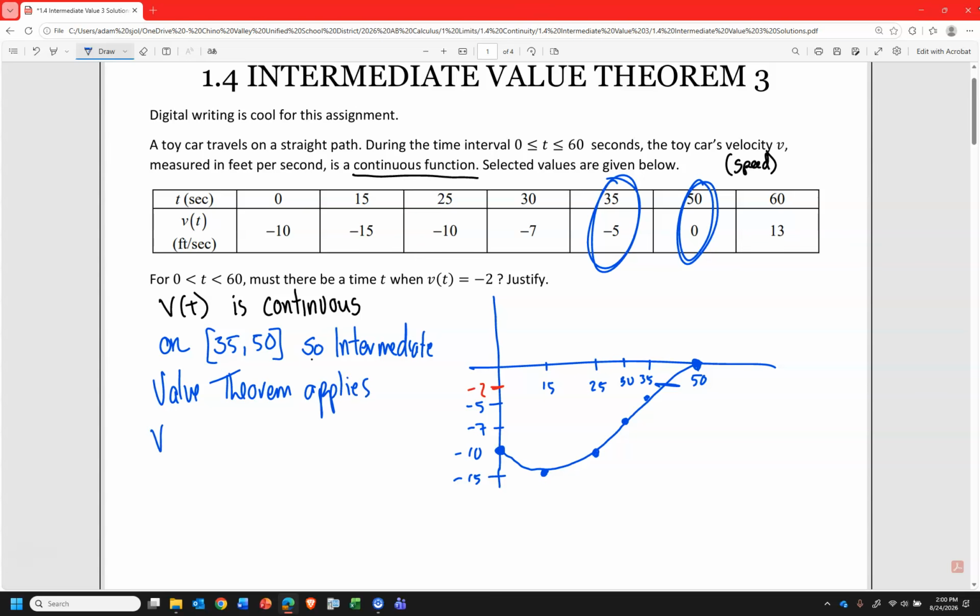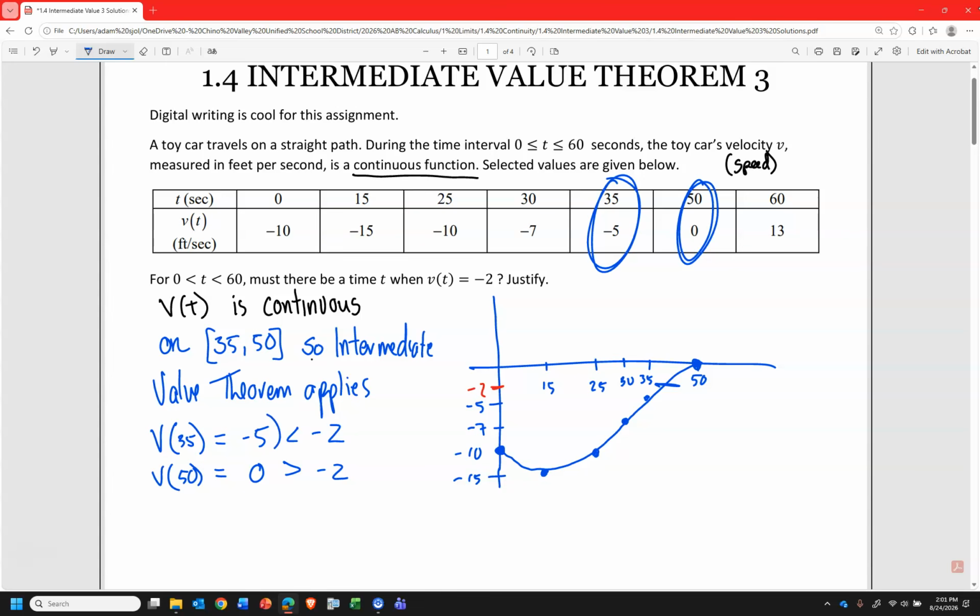Okay, and then I will say v of 35, which is negative 5, is less than negative 2, and v of 50, which is 0, is greater than negative 2.